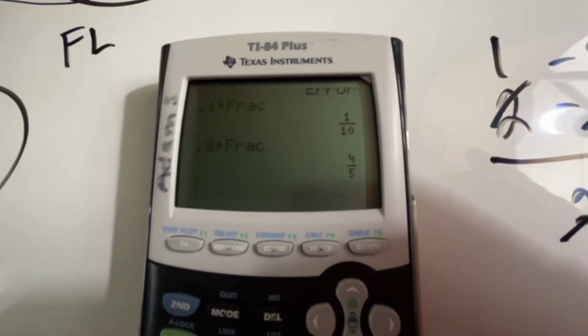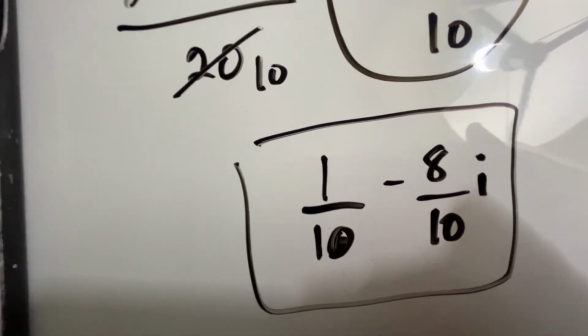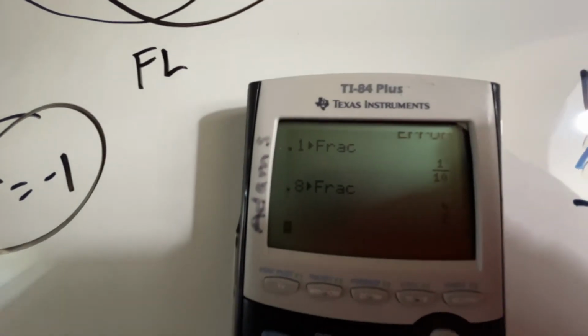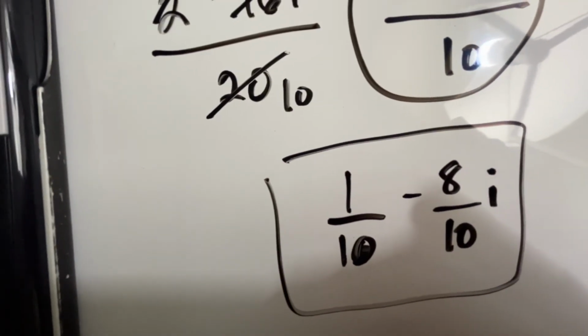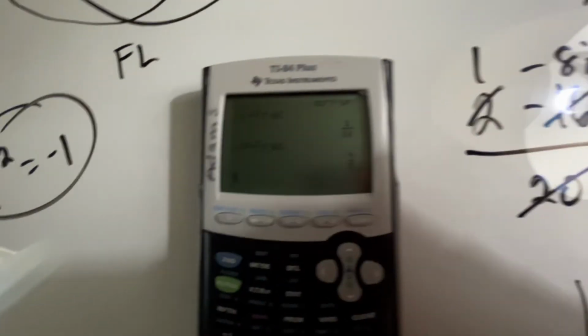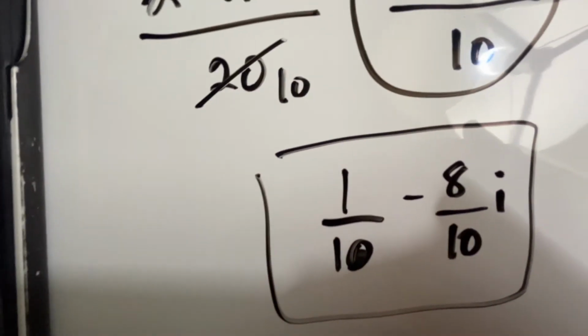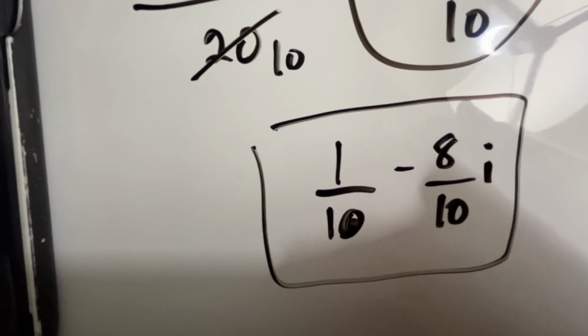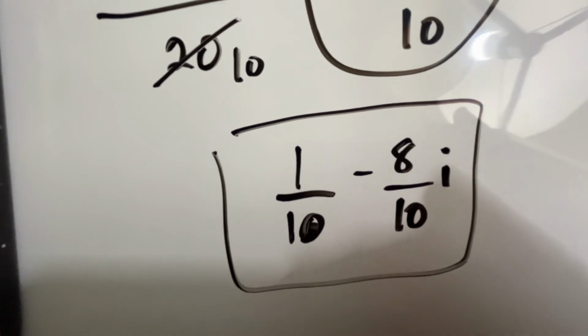Well, it did convert it to 4/5. I didn't type the negative sign in here, so negative 0.8 got converted to 4/5, which would be negative 4/5 here. So another way of writing the answer is 1/10 minus 4/5 i.